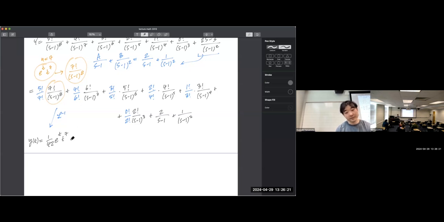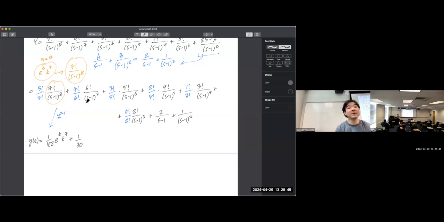Okay, the next one: 6 factorial over s minus 1 to the 7th. 4 factorial over 6 factorial, the 4 factorials cancel, so there's only 5 times 6 on the bottom. So that's just 1 over 30.